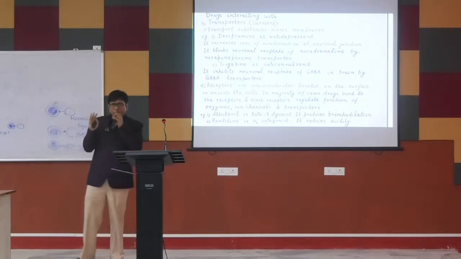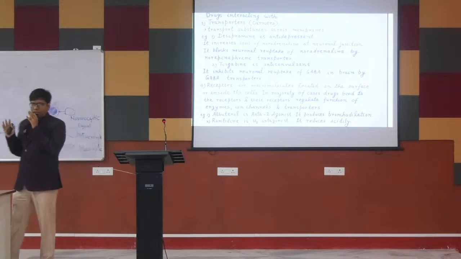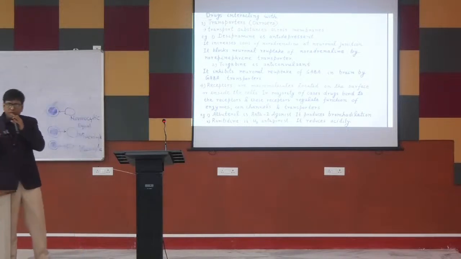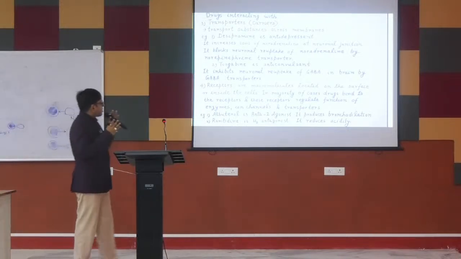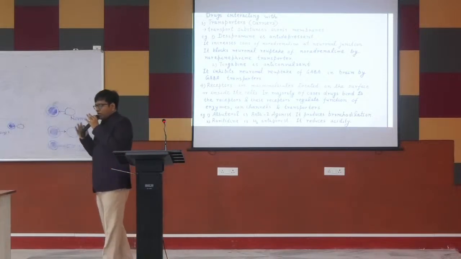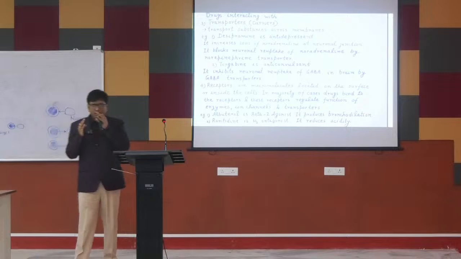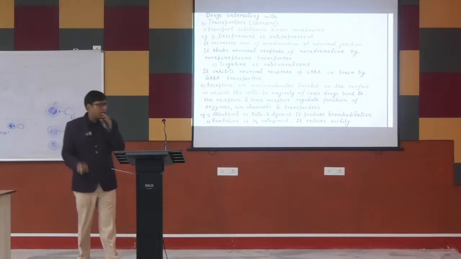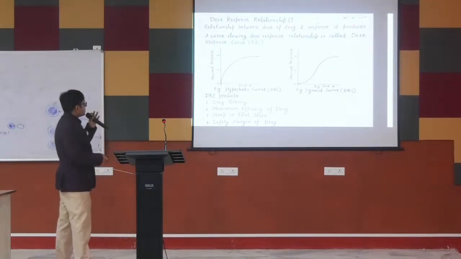There are various aspects of this drug receptor interaction: agonism, antagonism. Then what are the different types of receptors that drugs bind to? You have already studied some of them in biochemistry, like G protein coupled receptors. That will be a separate class.